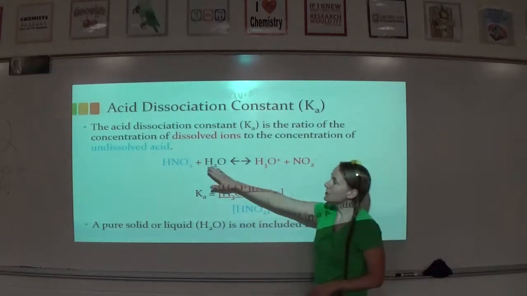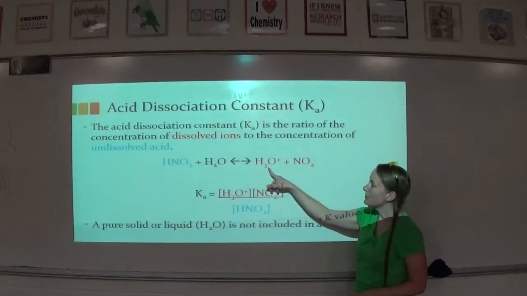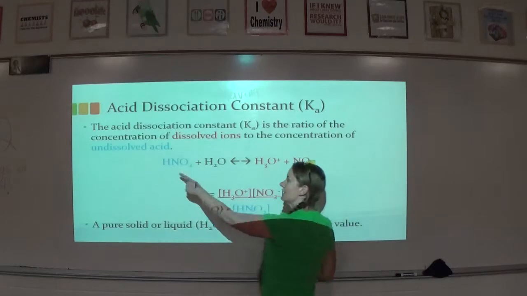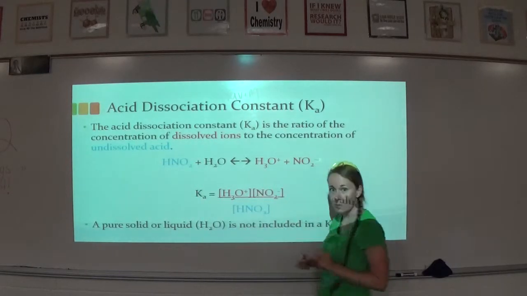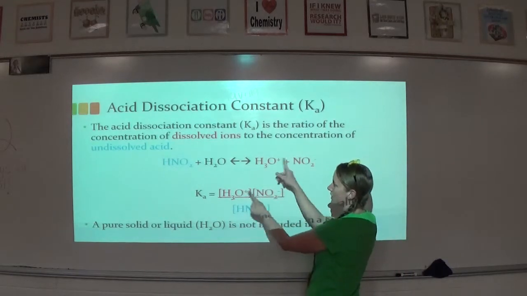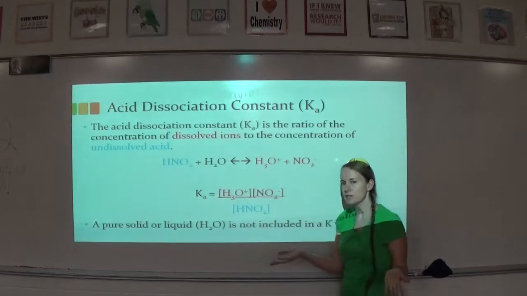So here's just a reaction of an acid in water, and it breaks up into, of course, H3O+ and NO2 minus because that acid is going to give its hydrogen to water. And so when we write the Ka value, we write our product concentrations over our reactant concentrations. But you may be wondering, well, where is water?